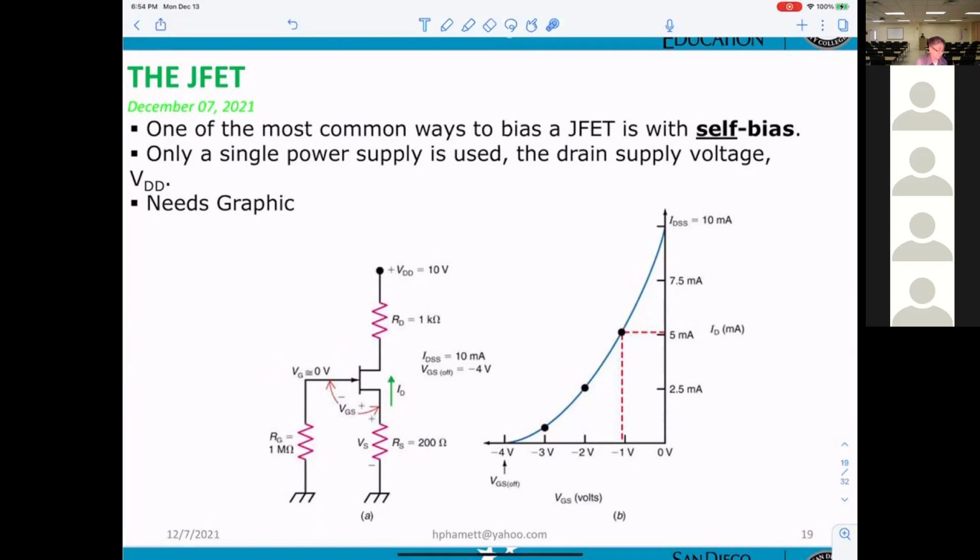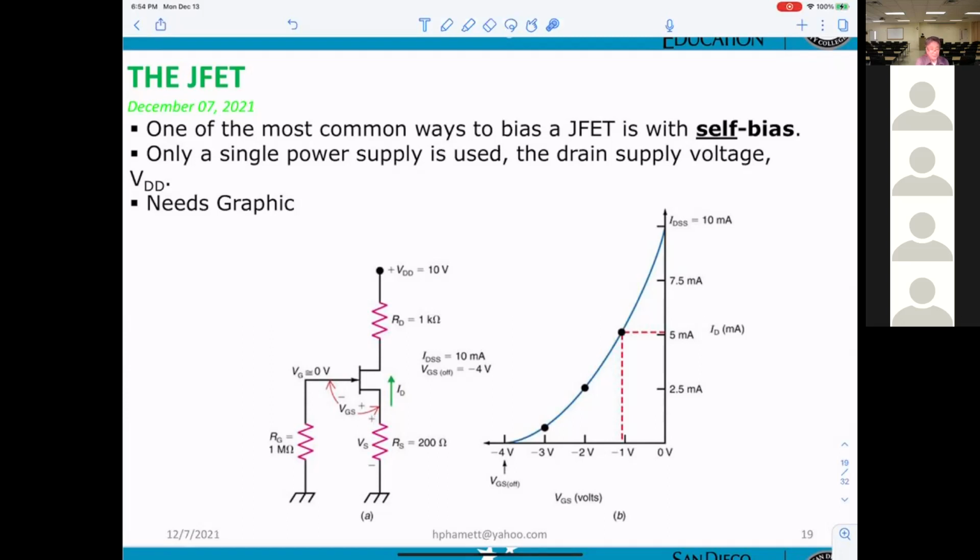It's connected to ground through the resistor. RG is equal to 1 megaohm. So since it's grounded on that end, it's approximately 0 then.